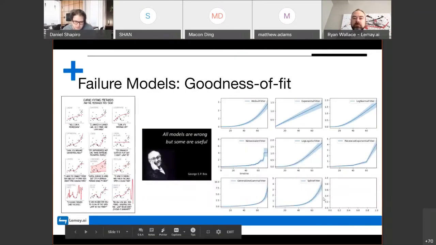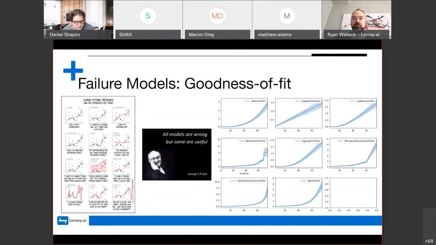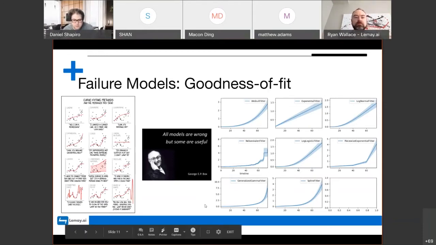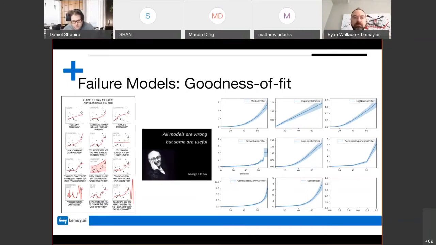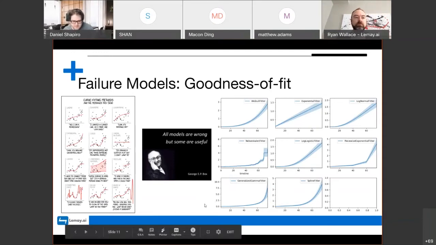We have to be a little bit cautious about under-promising and over-delivering. The idea is that we're trying to make a model of something that's very complicated, and as long as that model is better than what we have now, that's an improvement. We'll talk a little later about metrics, but the big picture is we're just looking to better predict faults, failures, and replacements, so that we can manage our fleet.